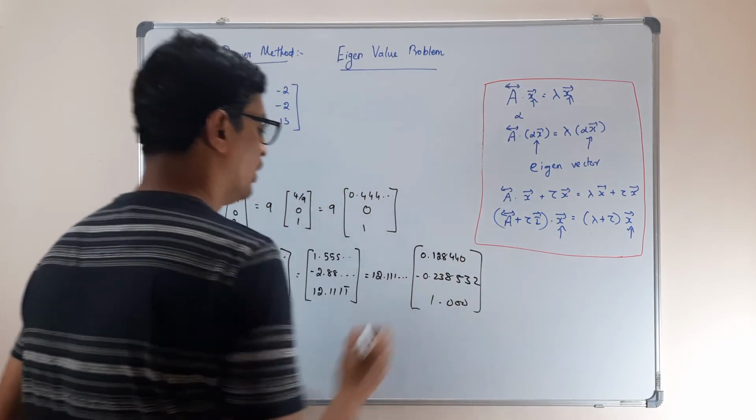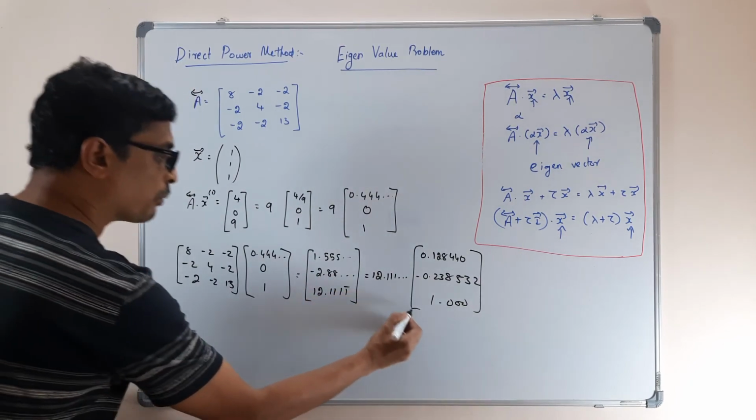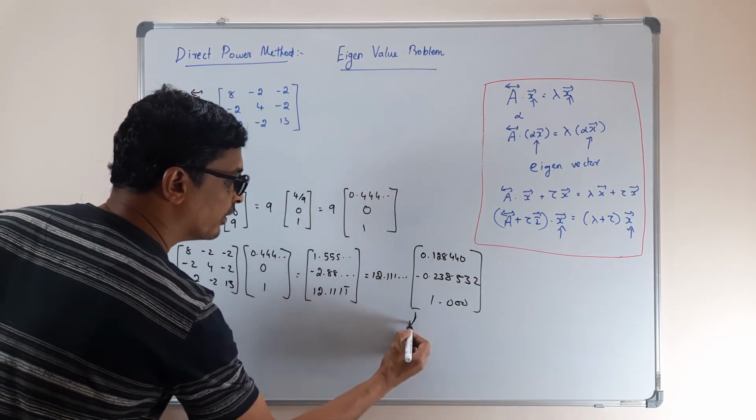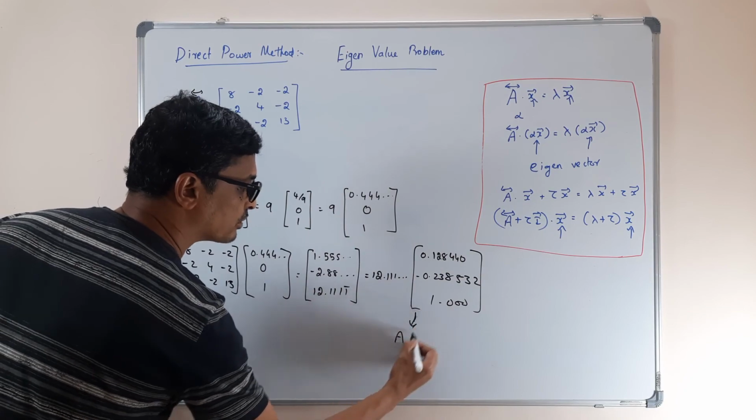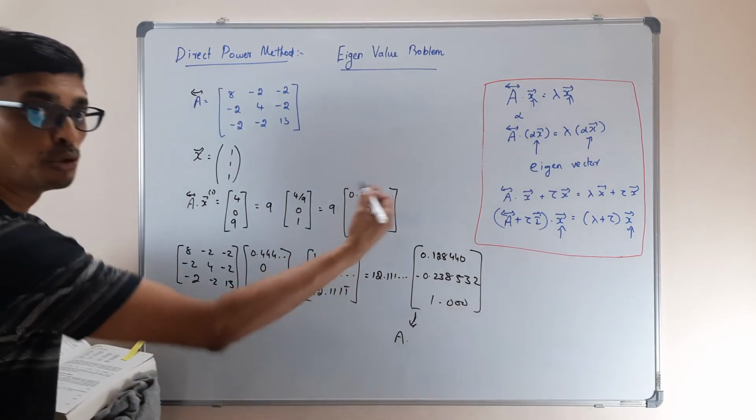Then again I multiply A with this matrix, and again I scale, and I keep doing this.